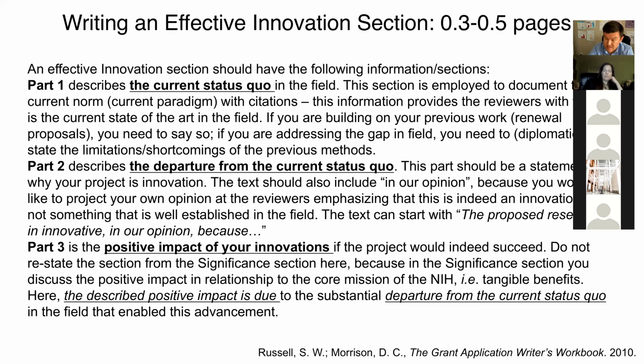In the significance section, when you discuss the positive impact of your research, it really relates to the core missions of the NIH, which could be tangible benefits, such as improving the state of healthcare or dealing with a particular disease in general, and so on and so forth. So here you need to be focusing on the positive impact which comes as a result of the departure from the status quo in the particular field. And again, we will go through some examples to show how it actually looks in an actual proposal.